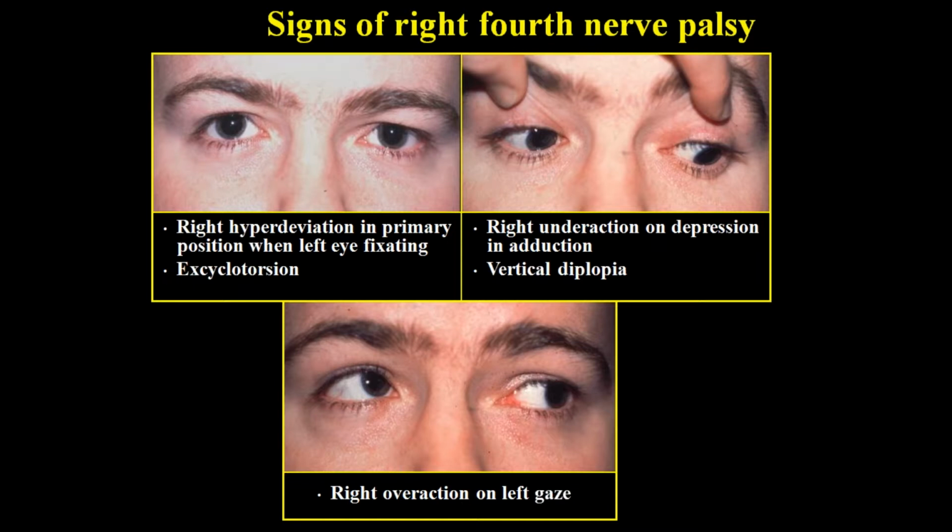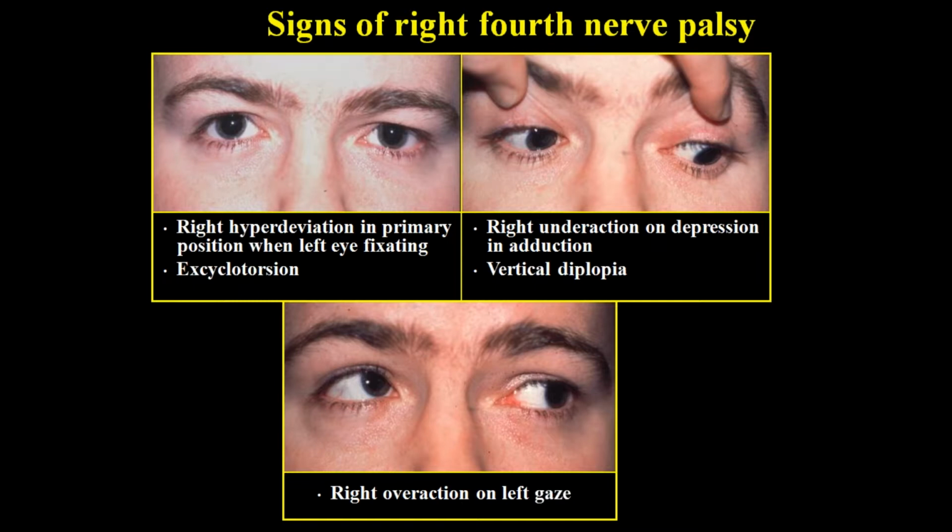And when the patient tries to look in extreme left gaze, for example, a patient with right superior oblique palsy looking towards the extreme left, the hyperdeviation increases. If the patient has left superior oblique palsy, when he looks in extreme right, exactly the opposite side, there is an increase in hyperdeviation.